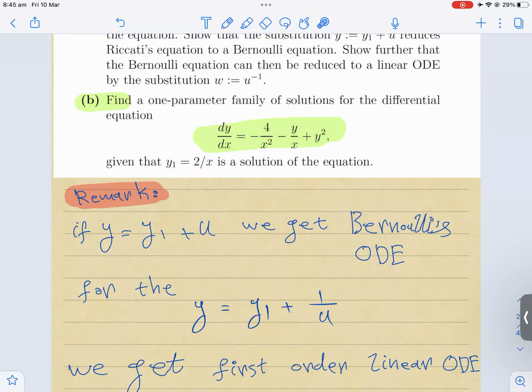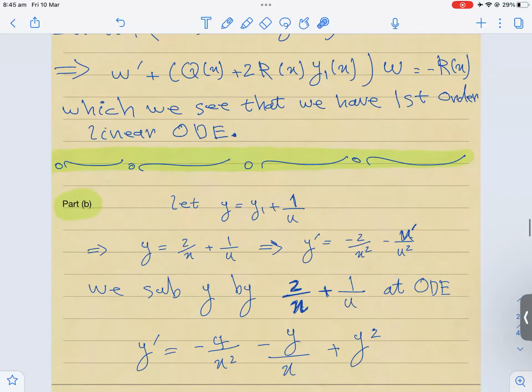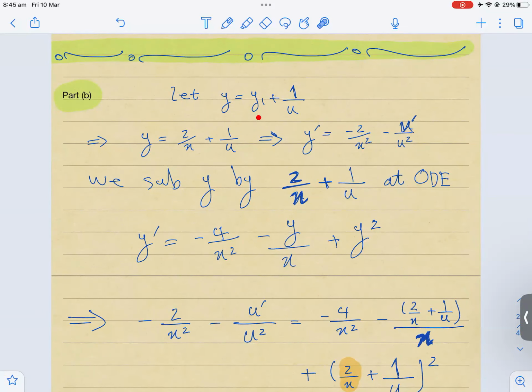y1 equals 2 over x is given to us. So I will use this one, but you can use y1 plus u instead. But let's jump into the first order linear. Instead of y, I will put y1 plus 1 over u. So y is 2 over x plus 1 over u.